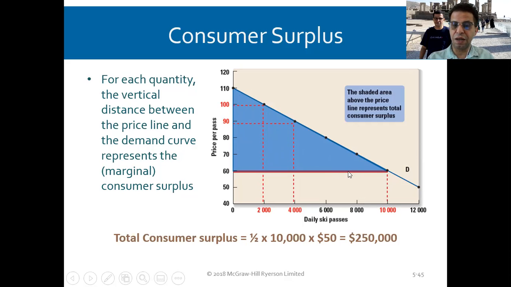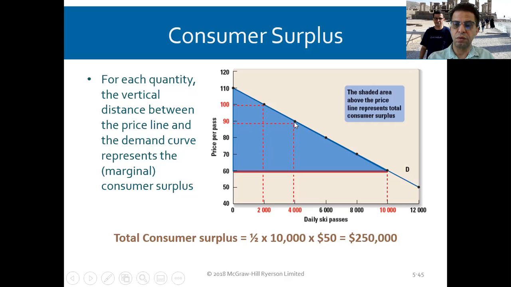So this area is what you call consumer surplus. For each quantity, the vertical distance between the price line and the demand curve represents the marginal consumer surplus.